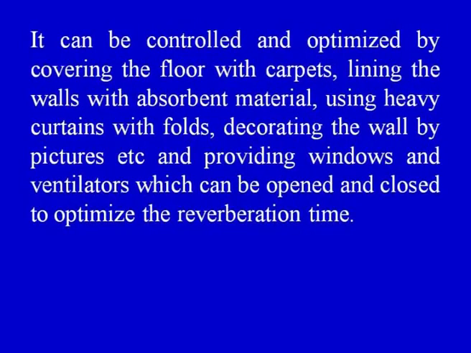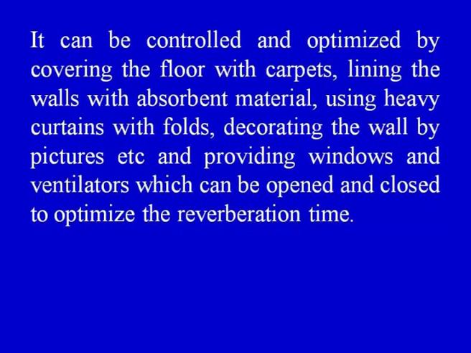It can be controlled and optimized by covering the floor with carpets, lining the walls with absorbent material, using heavy curtains with folds, decorating the walls by pictures, etc., and providing windows and ventilators which can be opened and closed to optimize the reverberation time.